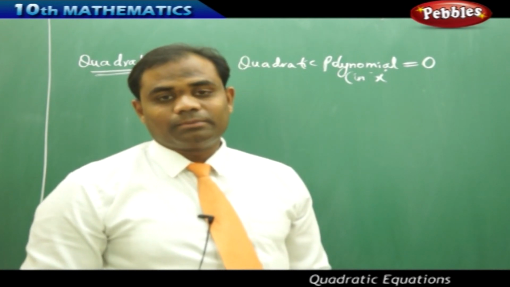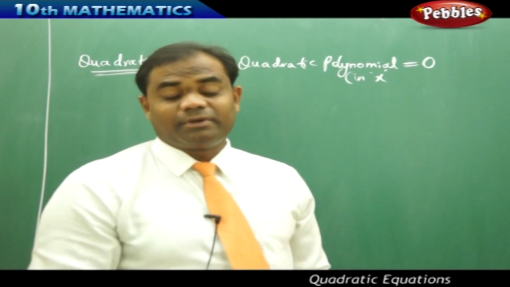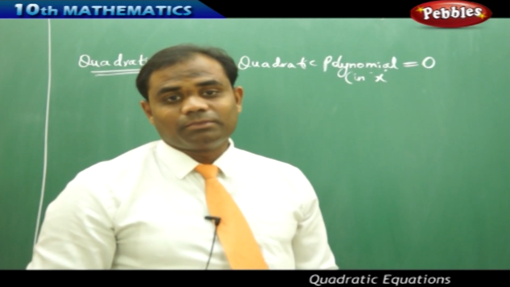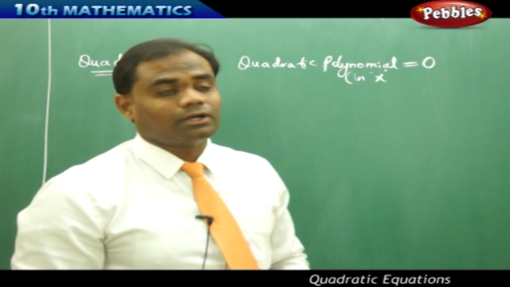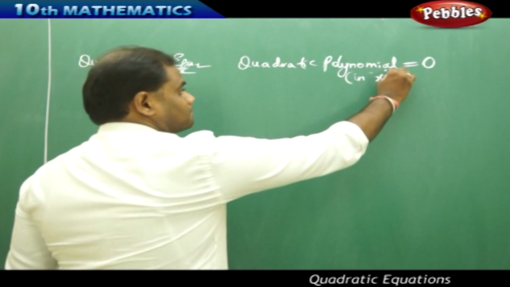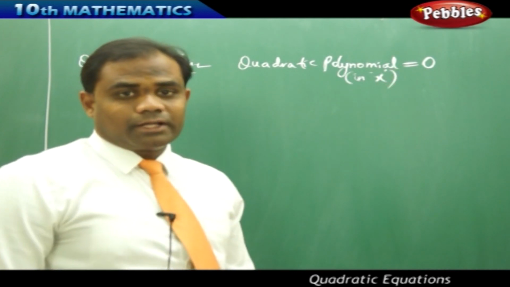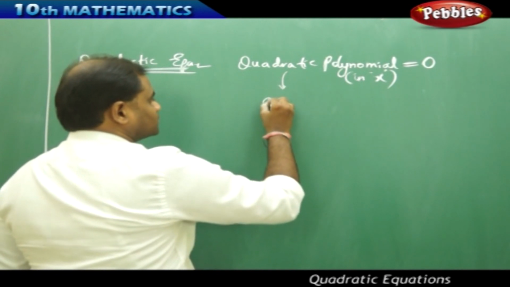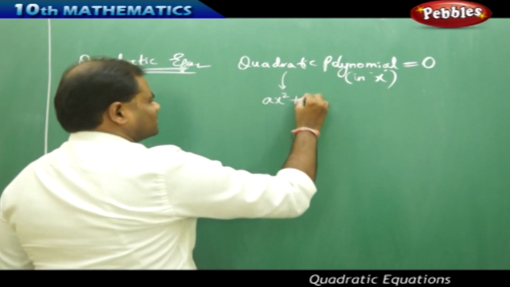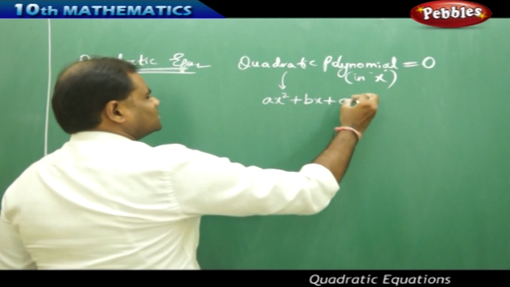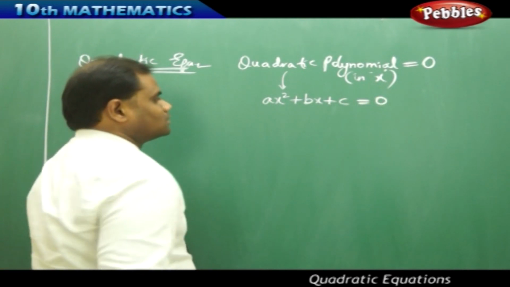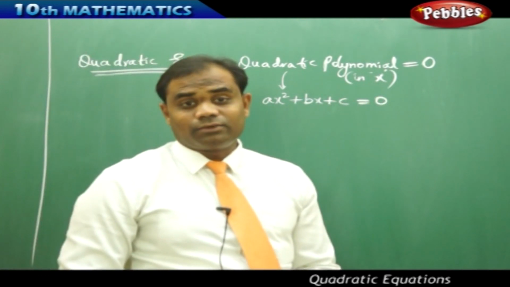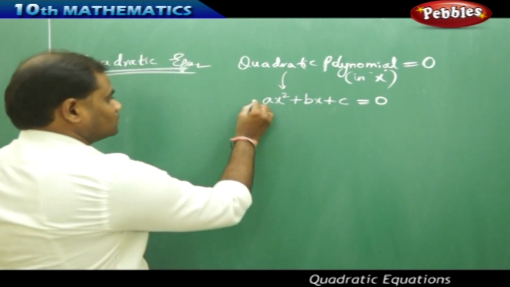A quadratic polynomial was already discussed in the previous sessions, where a polynomial of degree 2 is said to be a quadratic polynomial. Now, if I take the quadratic polynomial in general form, I assume it as ax squared plus bx plus c equal to 0. This is called a quadratic equation in general form.